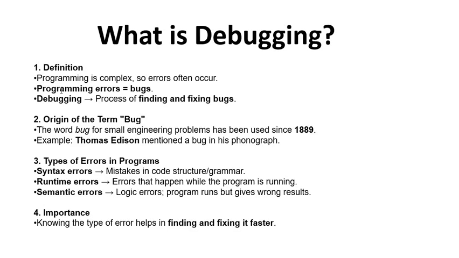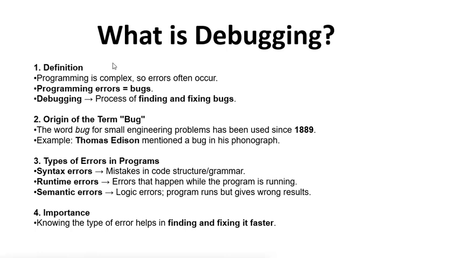Let us understand what debugging is. Programming is complex, so errors often occur, especially when the program is very large and has a big structure. Those errors are called bugs. Bugs are nothing but programming errors.